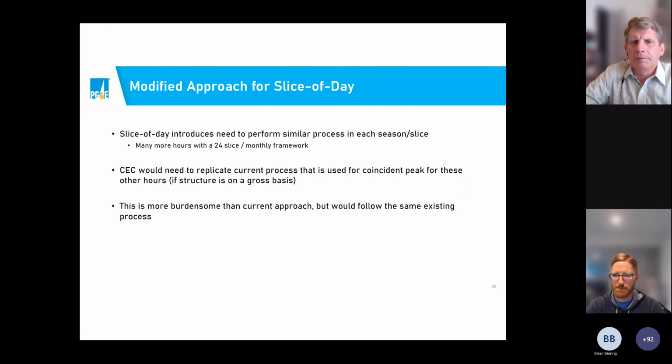And so if we're procuring resources to meet our energy needs in all hours, which PCE is doing, it would leave us in this weird position where we've got some little slug left over that we have to buy extra RA for other people's customers, right? Because the difference between those is entirely due to what other people are doing.